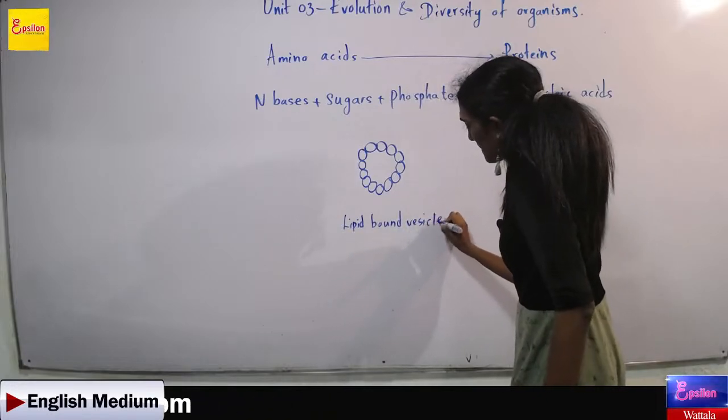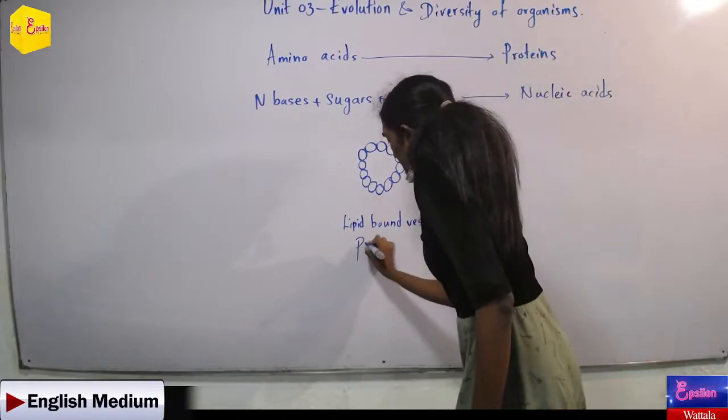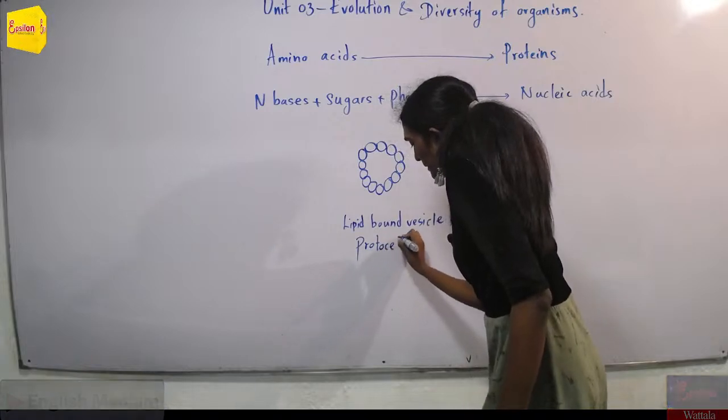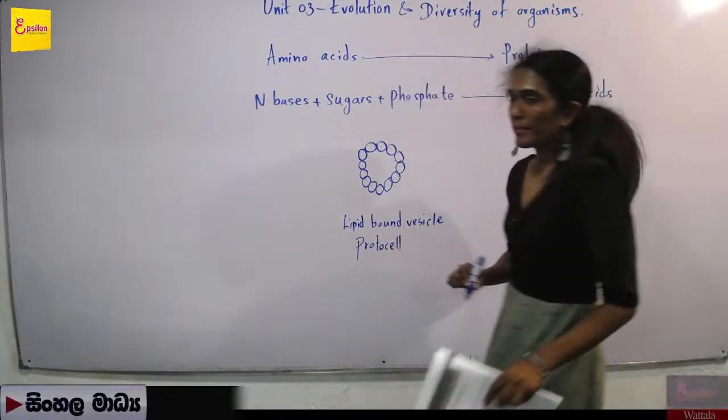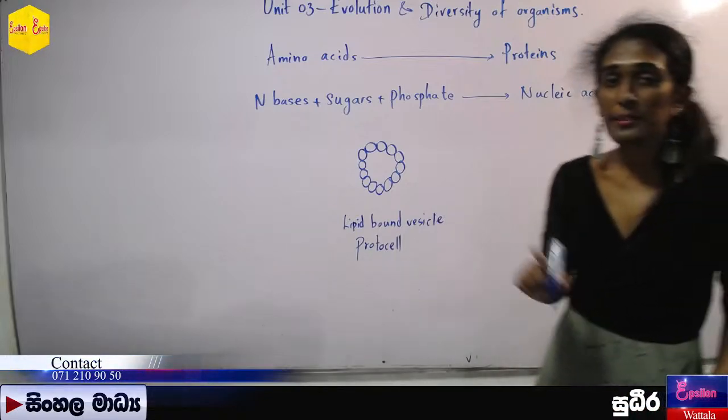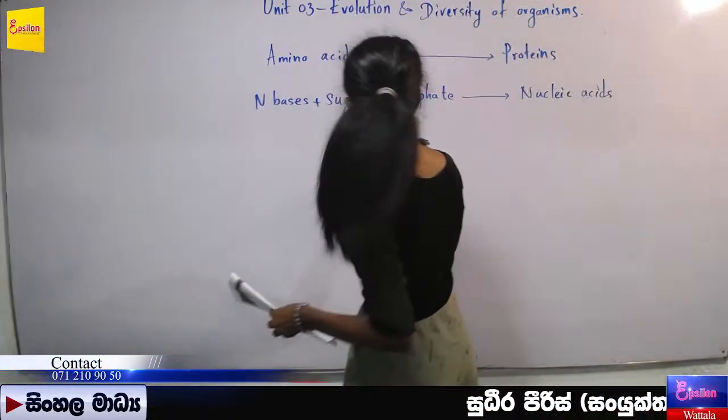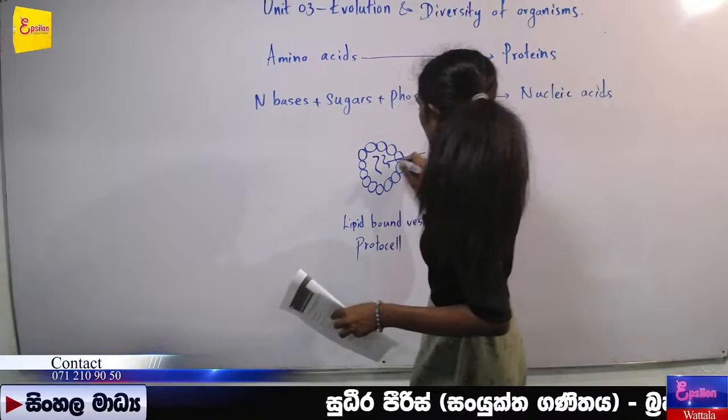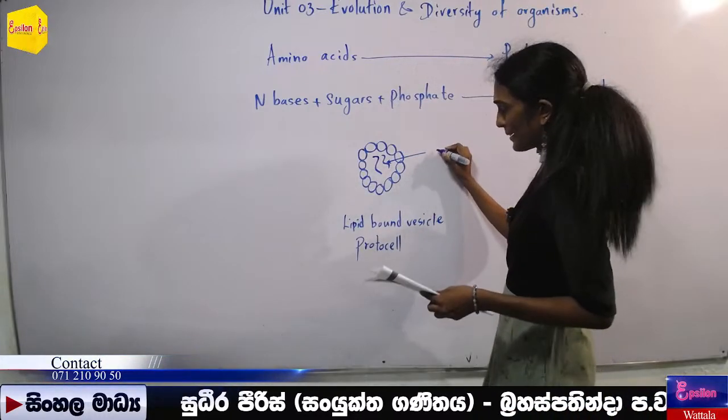Lipid-bound vesicle, also known as protocell. This is not actually a cell, but one which is created before the formation of the first organism, right? So inside this, genetic material is there, especially the RNA.